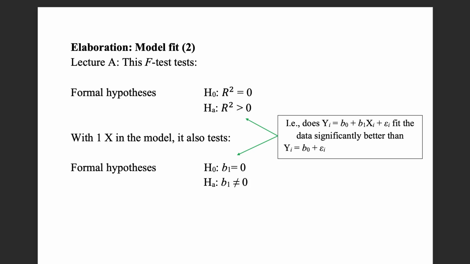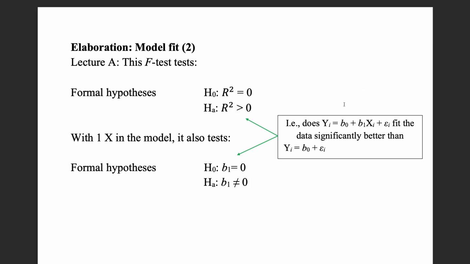So if we test that R square is 0 in the population, what we're actually testing is: does our regression model with the independent variable included fit the data significantly better, so much better that it is unlikely to see so much improvement in R square if in the population we would be able to explain no variation whatsoever?